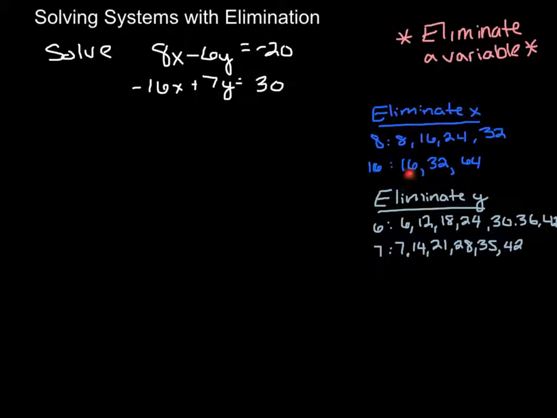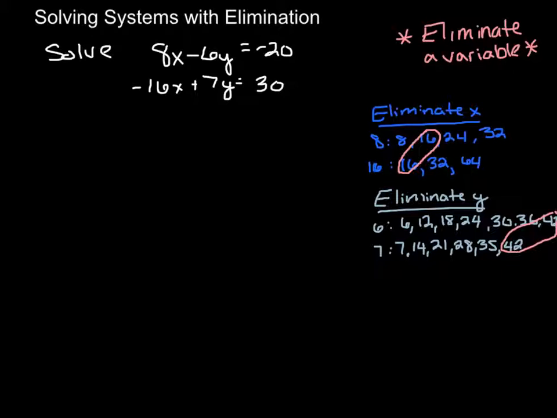Multiples of 16 are 16, 32, 64. So the least common multiple between those two would be 16. And I did the same thing for the y's. The multiples of 6 are 6, 12, 18, 24, 30, 36, and 42. And the multiples of 7 go up to 42 as well. The least common multiple between those two is 42.